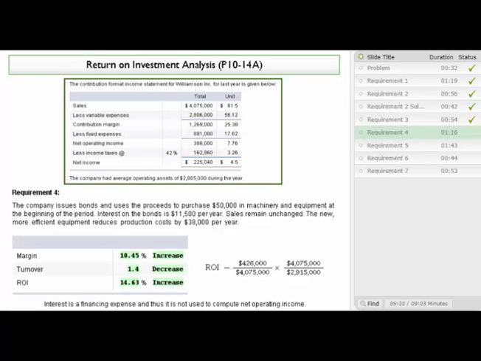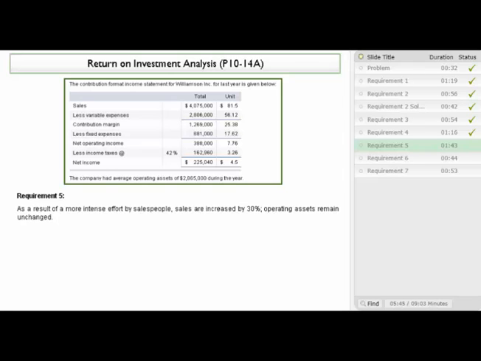Now, keep in mind that the interest cost is a financing expense, and it's not used to compute net operating income. But in this case, the increase in the margin offsets the decrease in the turnover when we multiply them together, and as a result, ROI increases to 14.63%.